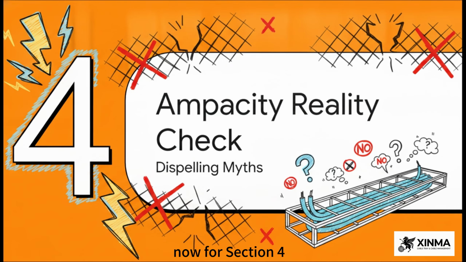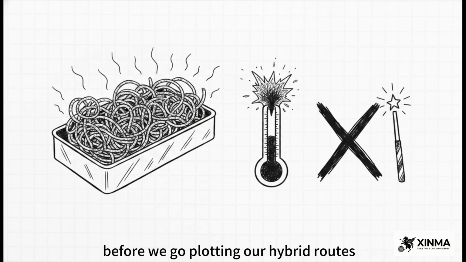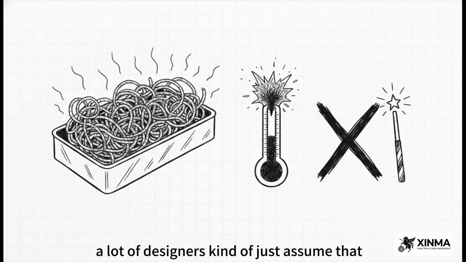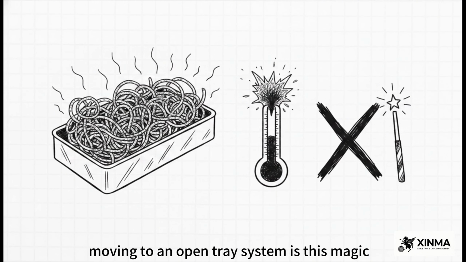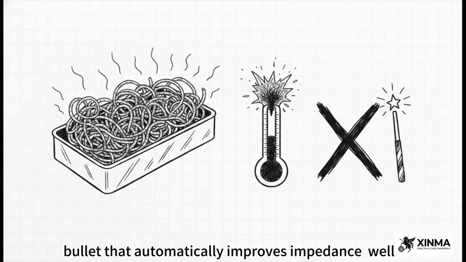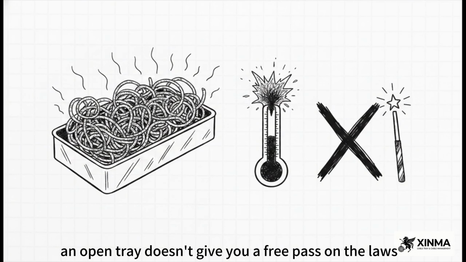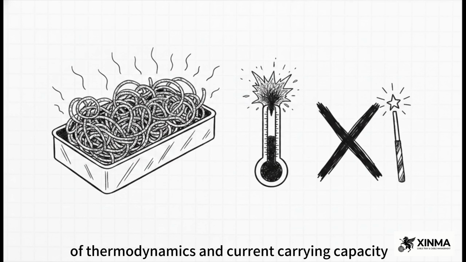Now for Section 4, the ampacity reality check. Let's dispel some open tray myths. Before we go plotting our hybrid routes, we have to address a pretty dangerous misconception. A lot of designers just assume that moving to an open tray system is a magic bullet that automatically improves ampacity. Well, actually, scratch that. It doesn't. An open tray doesn't give you a free pass on the laws of thermodynamics and current carrying capacity.